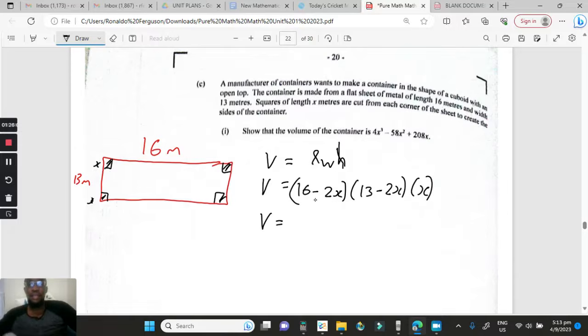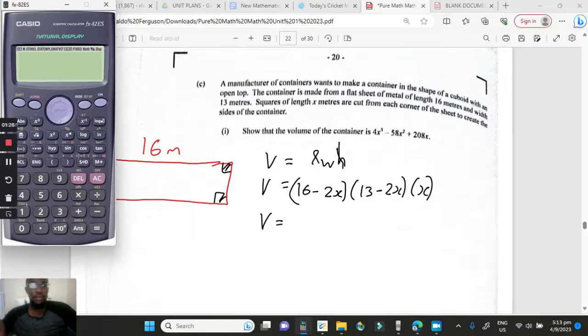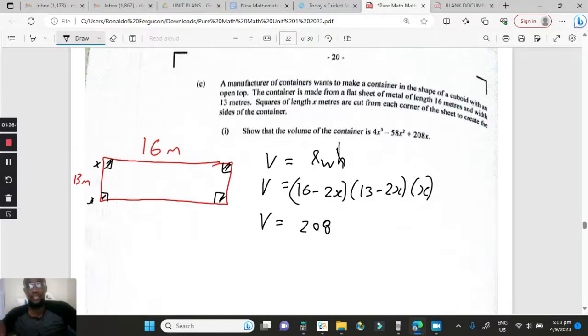And we just multiply from there. 16 times 13, I put that in my calculator, it's easy to work out, that's 208. 16 times 2 is 32x. 2 times 13, that's 26x. Negative times negative, positive 4x squared. Then all of this is multiplied by x.